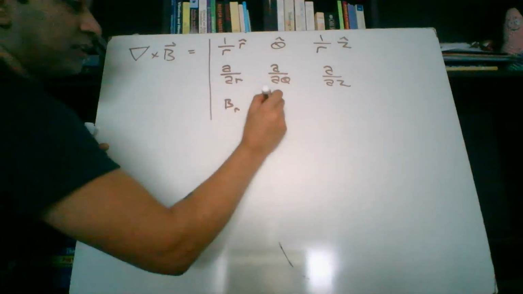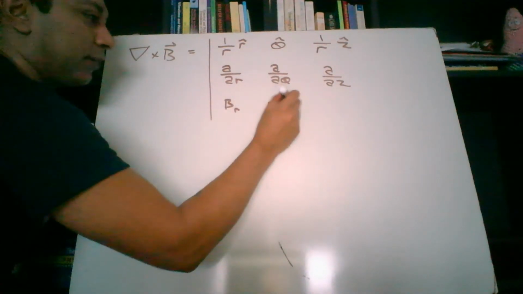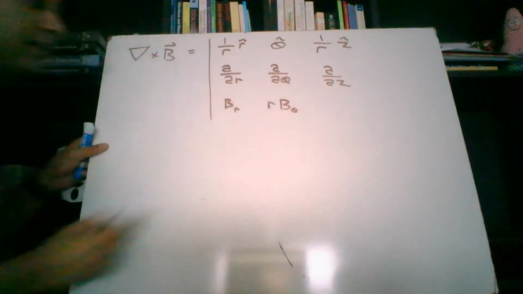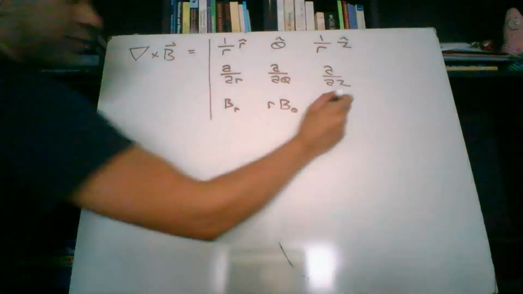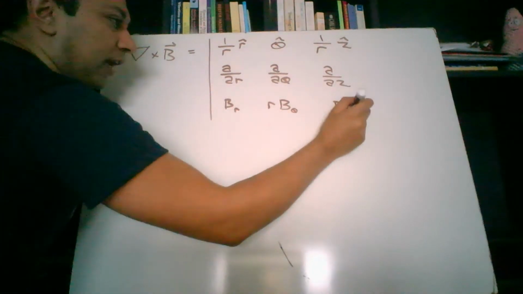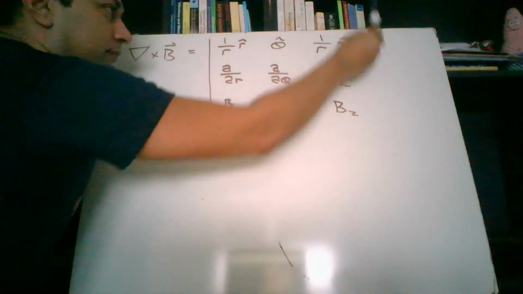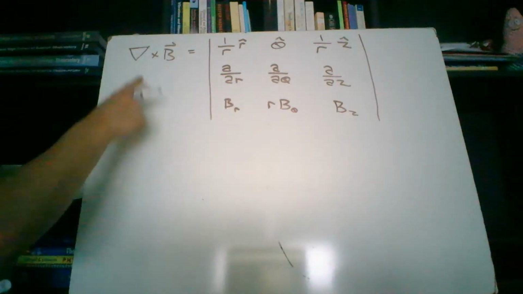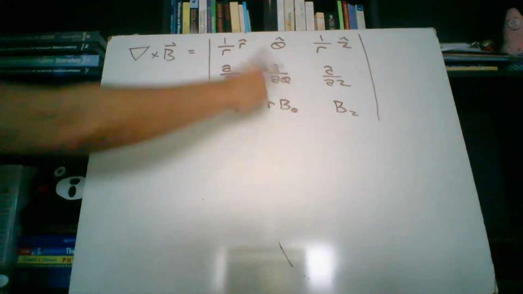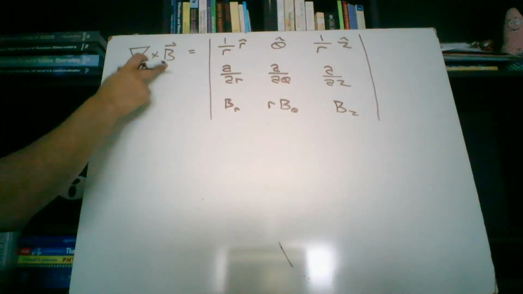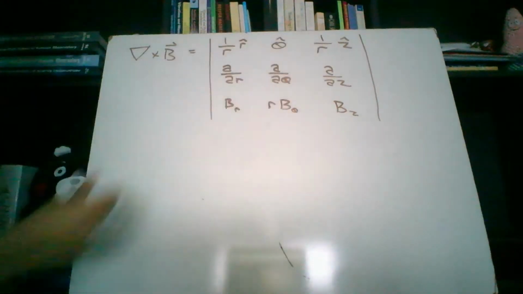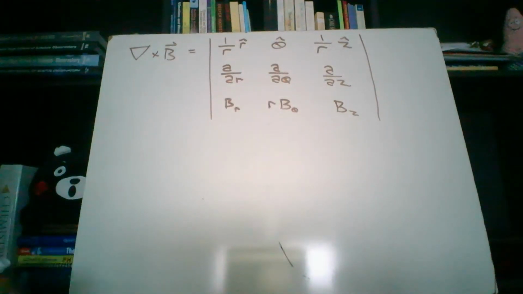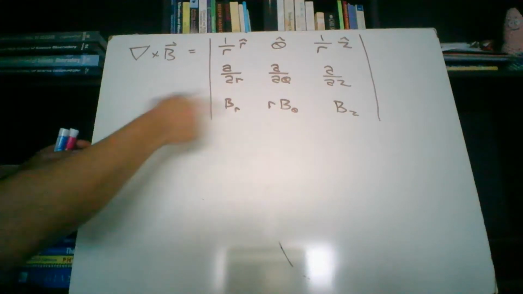Then it's going to be r multiplied by B as a function of theta. And finally, we have B as a function of z. So that is what cylindrical coordinates of a curl vector looks like. You can just change B to whatever vector you want, but this is the rule for cylindrical coordinates.